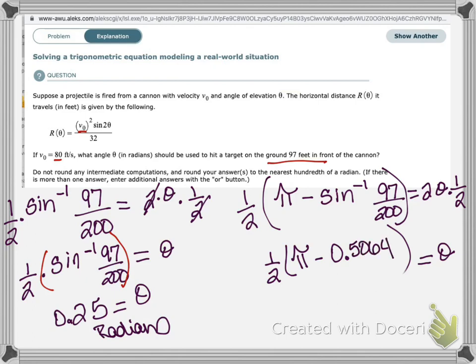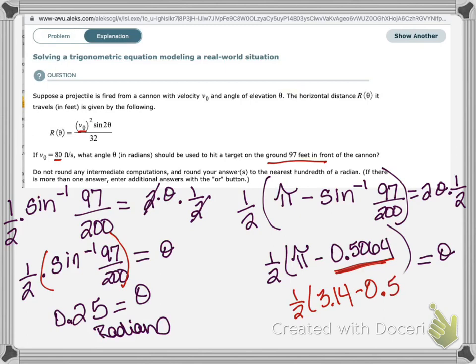So when I'm subtracting the sine inverse of 97 over 200, I'm subtracting an angle measurement that is approximately 0.5064 radians. Now we did some rounding, but that's what you're doing. Essentially I'm saying 1/2 times 3.14.